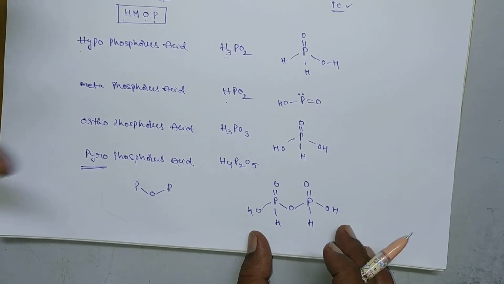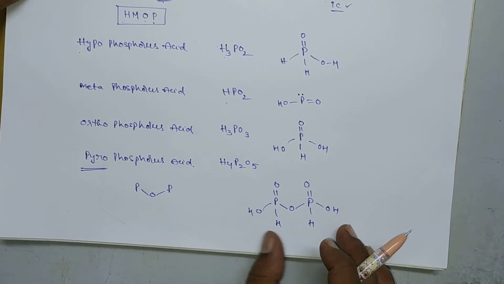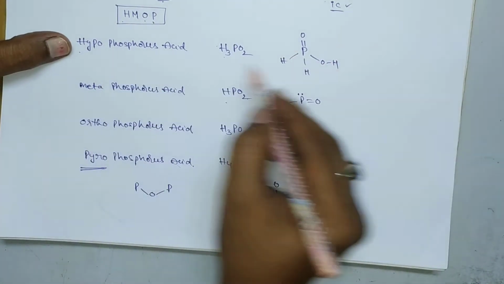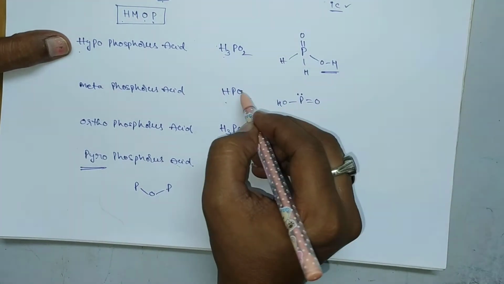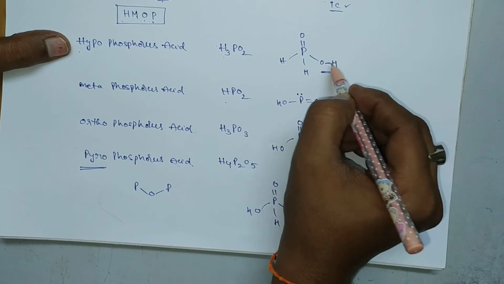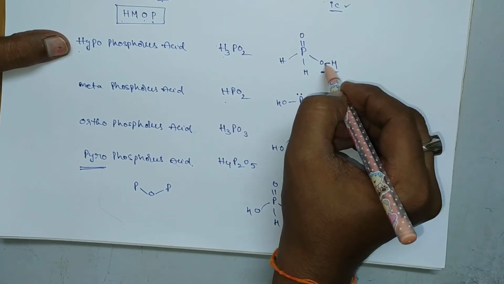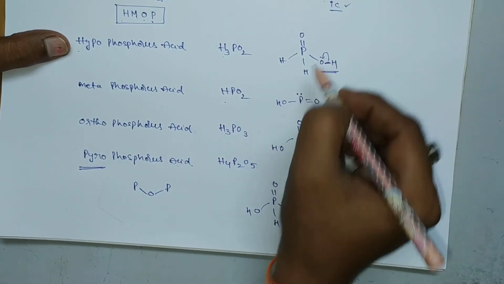Now we have to find out the basicity of the acids. Basicity of an acid means the number of H plus ions it can donate. Hypophosphorus acid consists of one OH bond, so this H plus can be easily donated, with the bond pair of electrons going towards the oxygen.